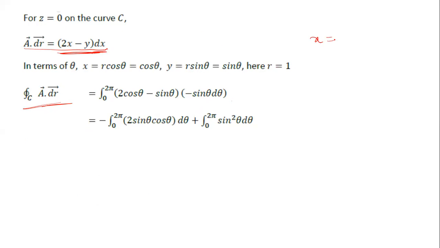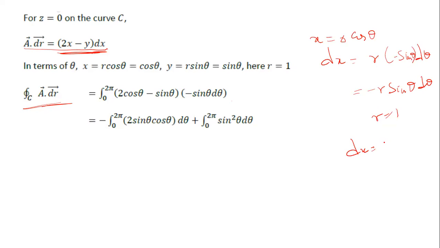X is r cos theta, and the differentiation of cos theta is minus sine theta d theta. So dx will be minus r sine theta d theta. Your r is 1, which means your dx is minus sine theta d theta.